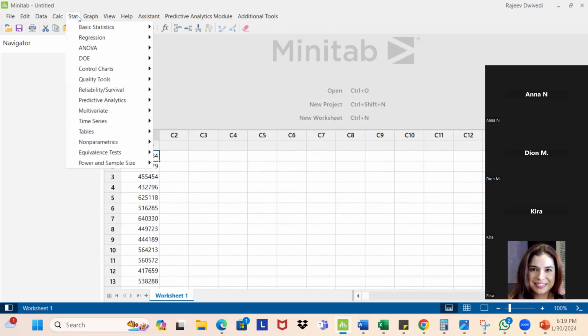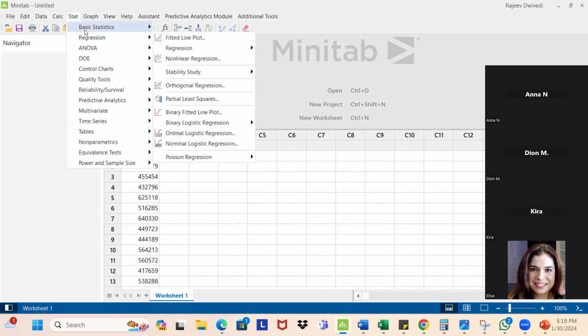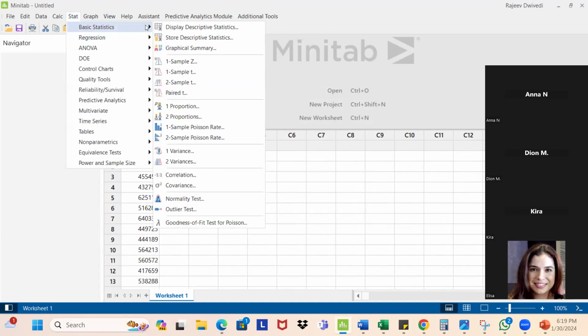Now I go under statistics, basic statistics. Can you see my Minitab? Yes, we can. Okay, and then I go under one sample t. Why are we using this? Because I don't know the entire population standard deviation of housing prices, so I'm using one sample t.